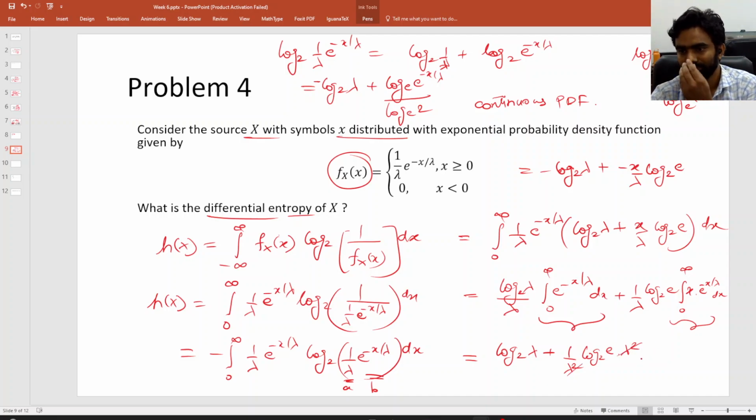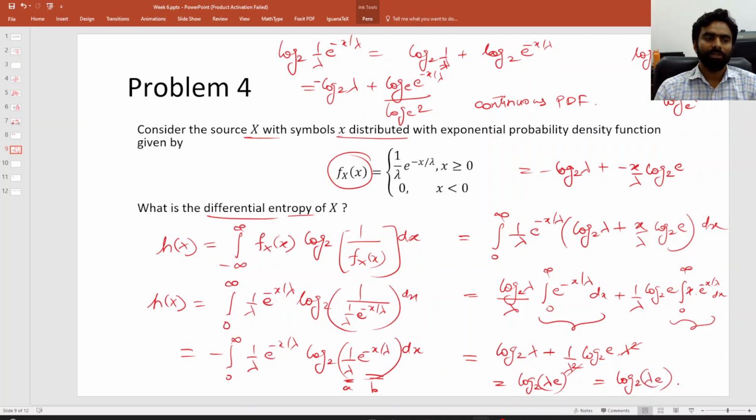Log base 2 of lambda and log base 2 of e both are there, so you can apply this property again: log of a plus log of b, it would be log base 2 of lambda e. Directly you get the differential entropy of x.